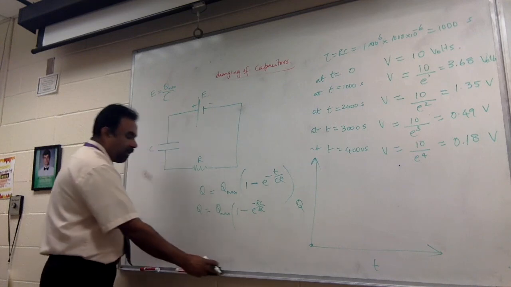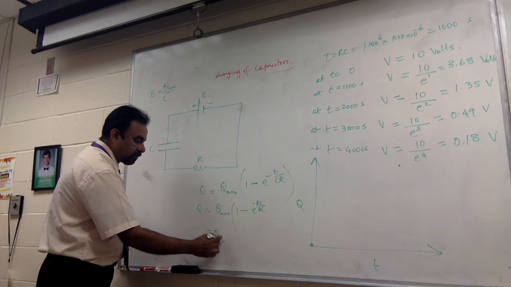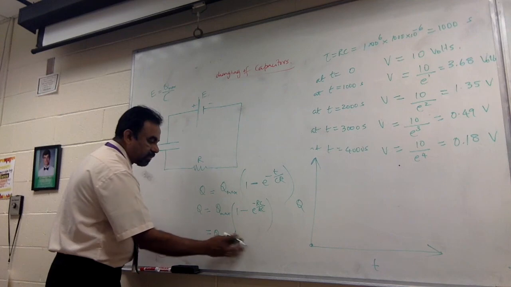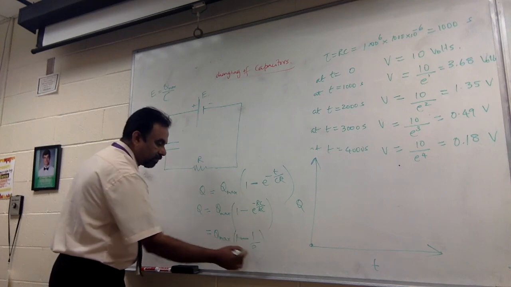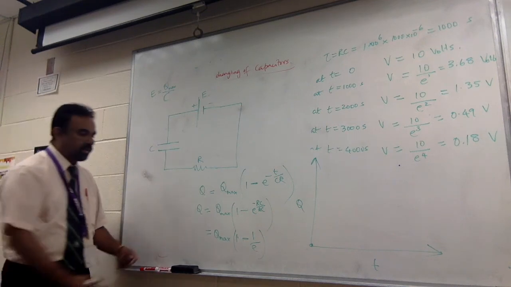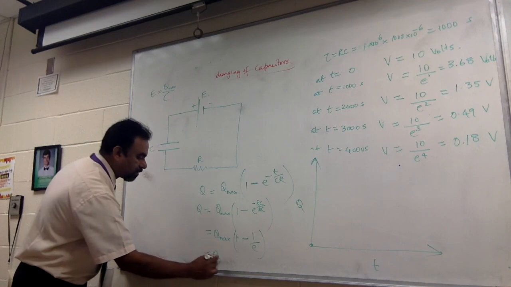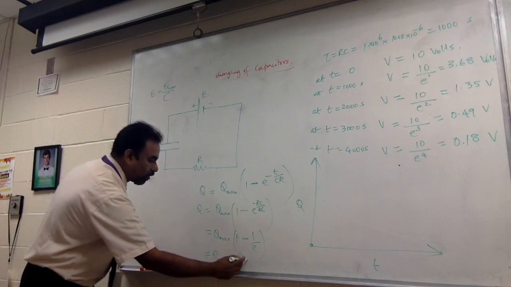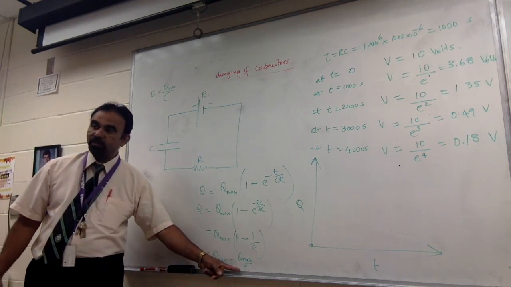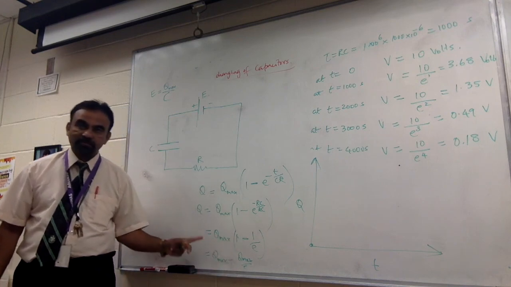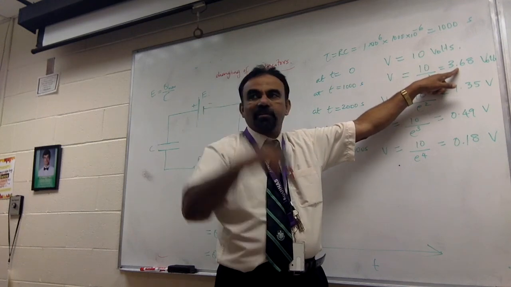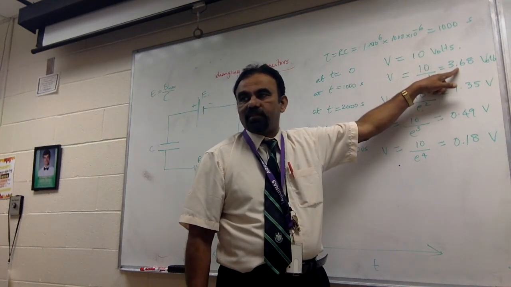So it is 1 minus 1 over e. In other words, it is Q max minus Q max over e. Correct? So in other words, not this, but 10 minus that. You get it?